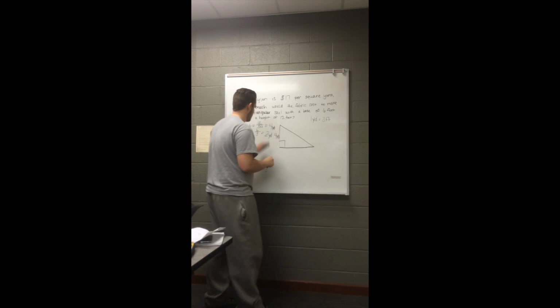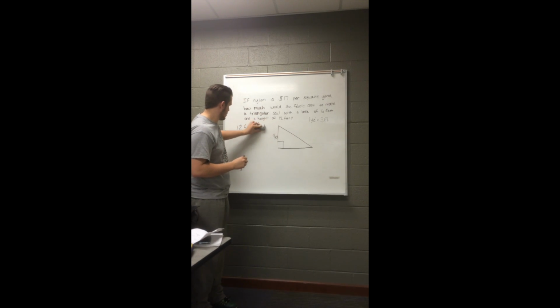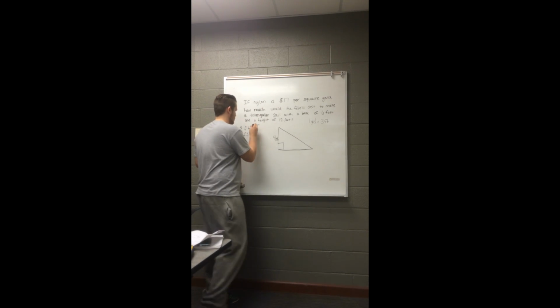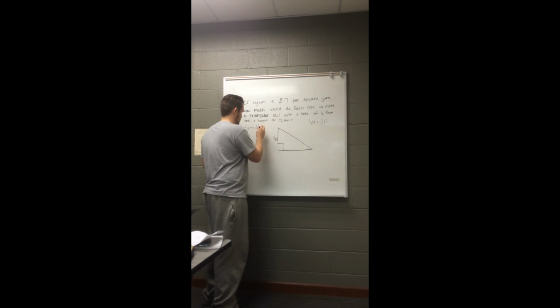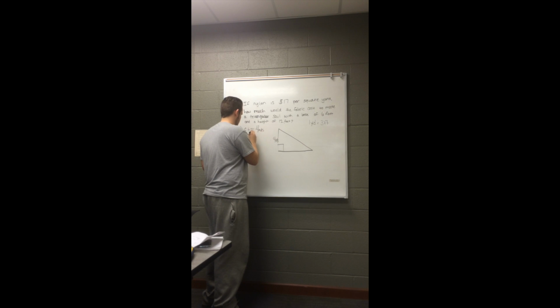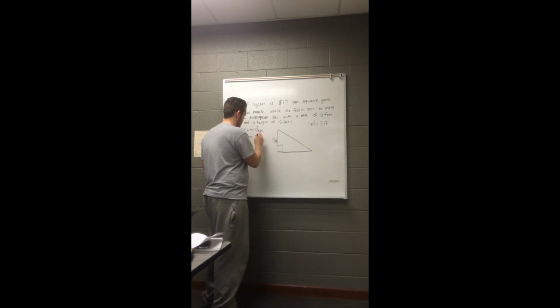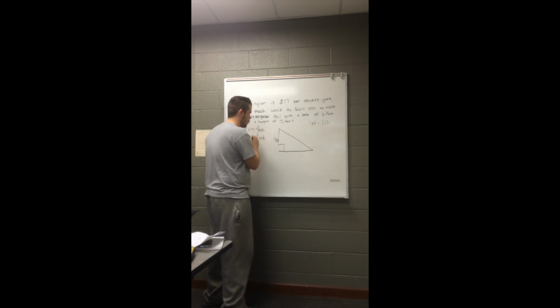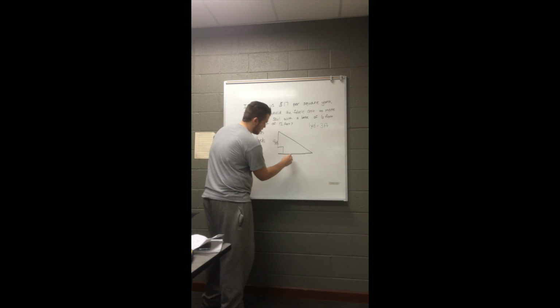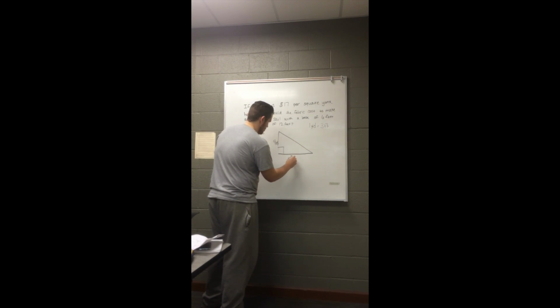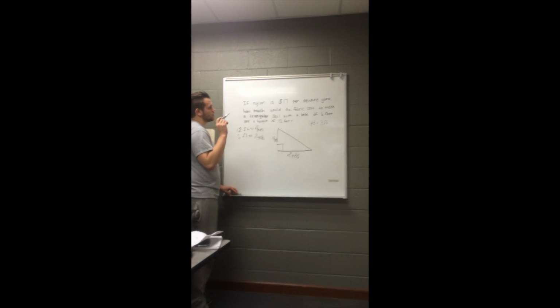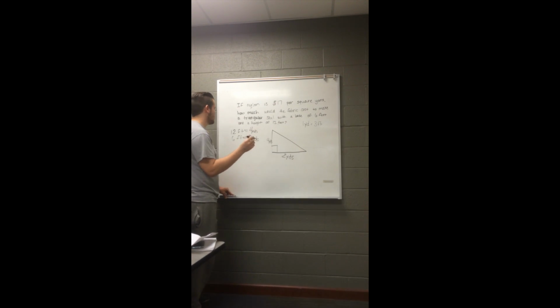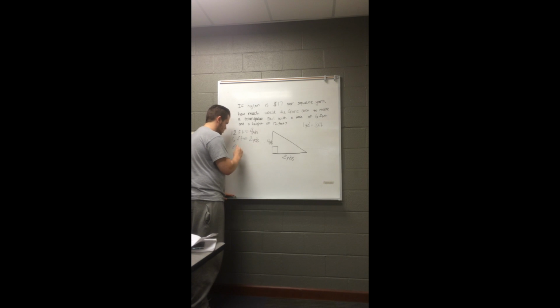and let me erase all this. And the 2 yards, which is equal to 6 feet, is the base. So then I move on to the area of a triangle.